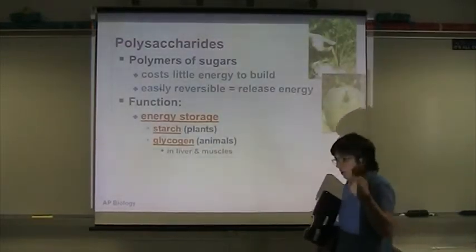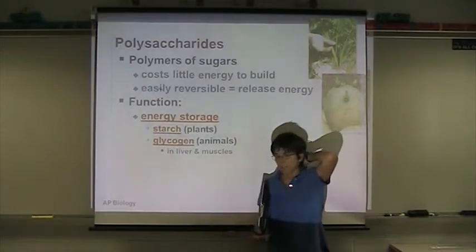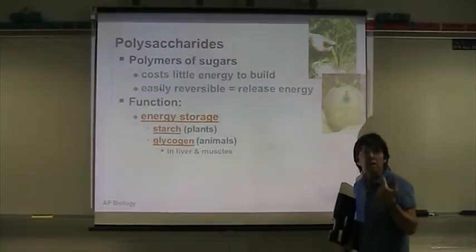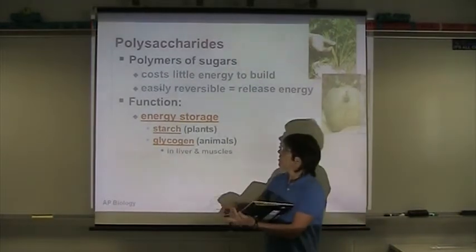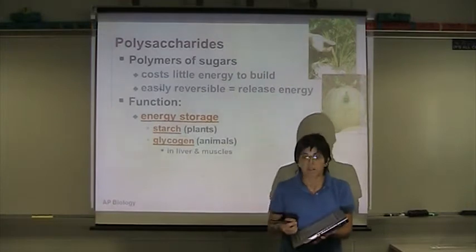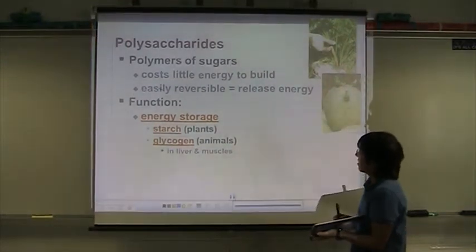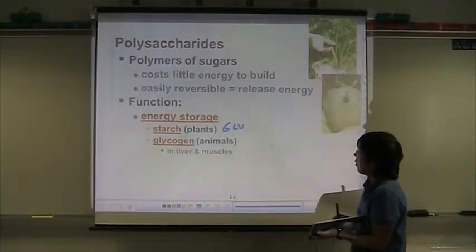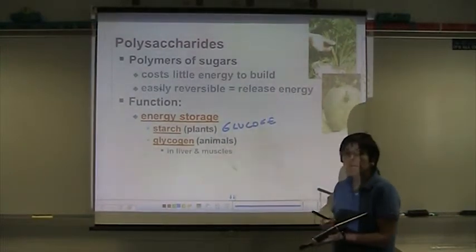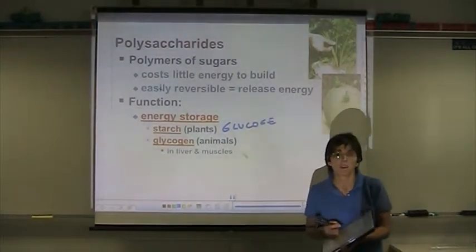Now, when you are talking about polysaccharides, the most common ones are starch and glycogen that we use for storage. Starch is used by plants, and basically what they do there is just a long chain of only glucose. And this is used by plants to store their sugar.